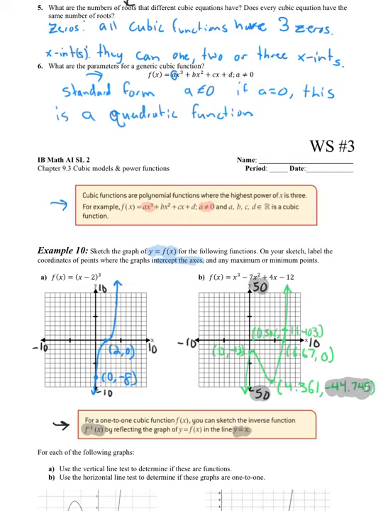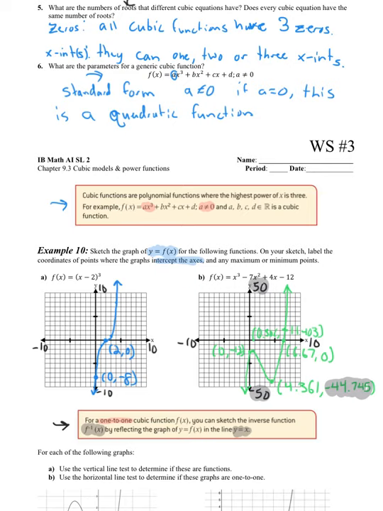The key here is it's got to be a one-to-one function, and one-to-one basically means your graph's going to do two things. It's going to pass the vertical line test, all right, and it's going to pass the horizontal line test.